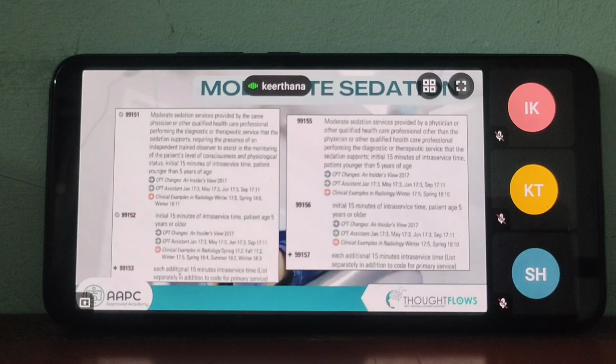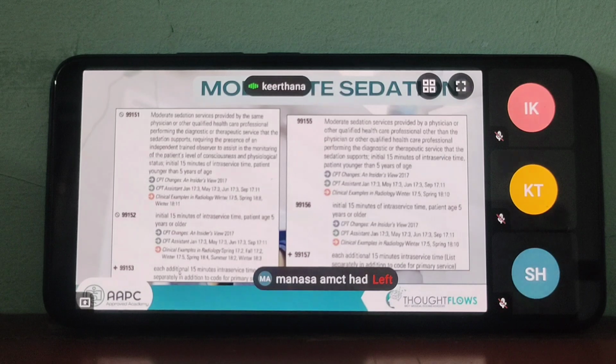And next is infusion, hydration, IV push. And next one is moderate sedation. These are very important areas because we have numerous guidelines there.